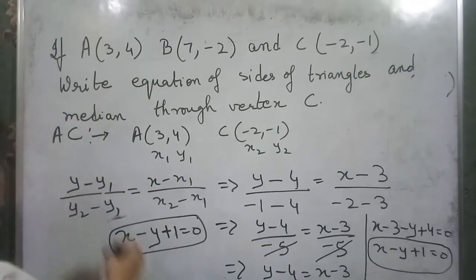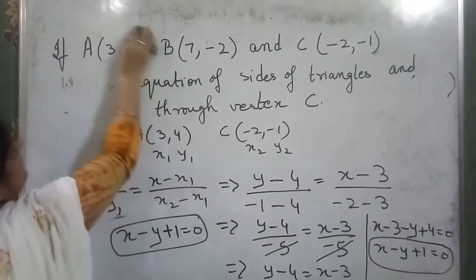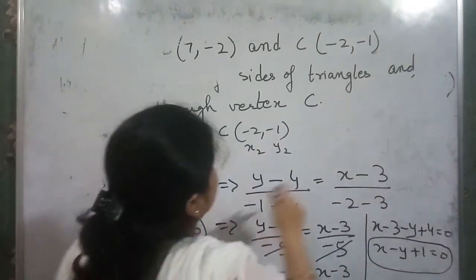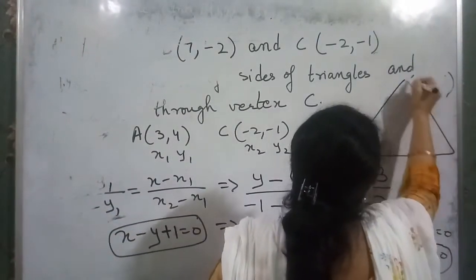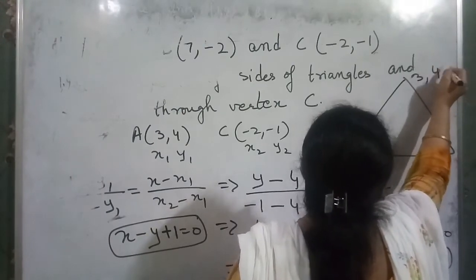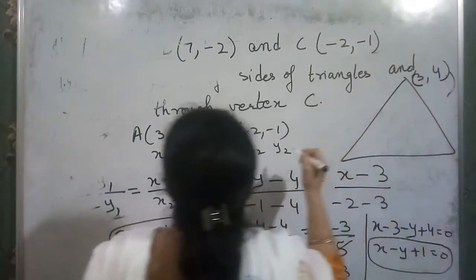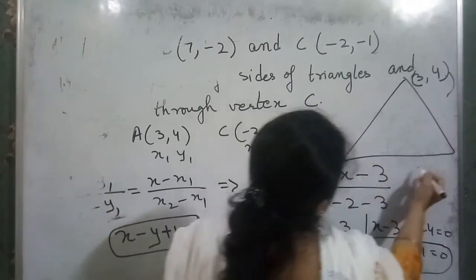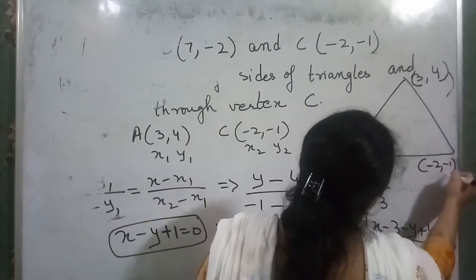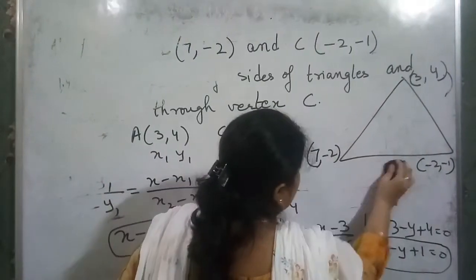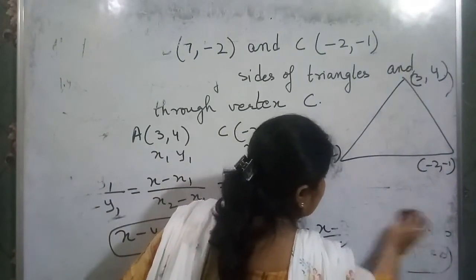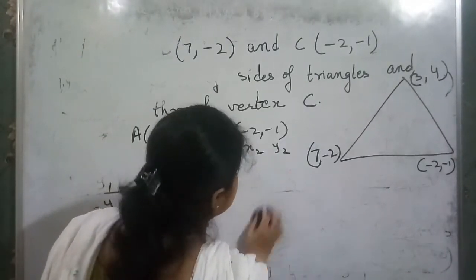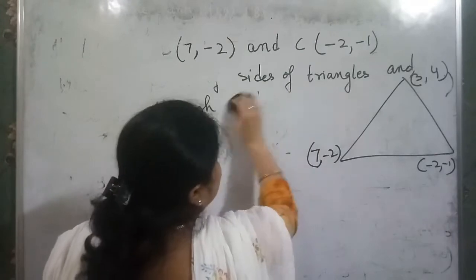Now we have to find the equation of the median. Clear? We have the points A, 3, 4, B is 7, minus 2, and C is minus 2, minus 1. And we have to now find the equation of the median from the vertex C. Clear?